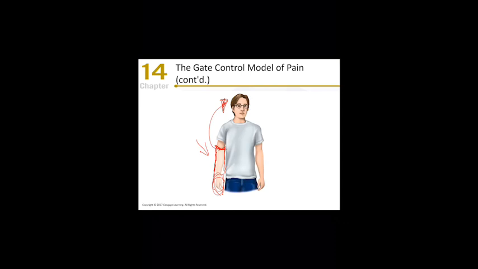And so this is counter evidence to the direct pathway model, because there's no transmission from receptor to brain, but you're still feeling pain or discomfort, or whatever it may be.